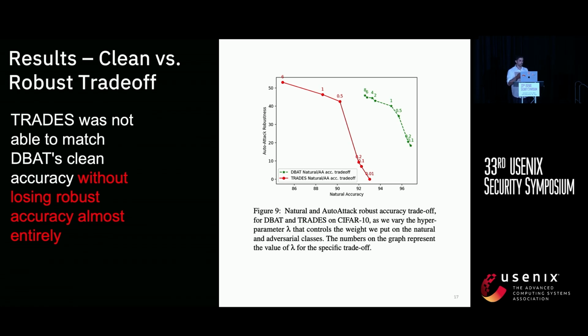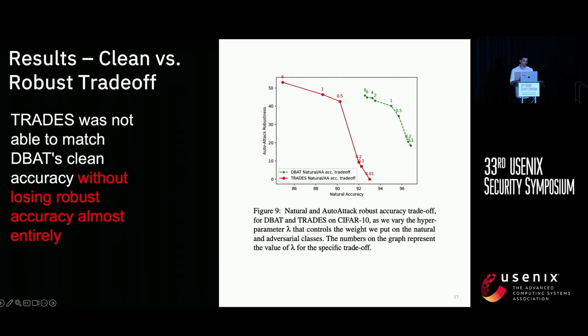Meaning, for example, if another method weighs the loss between the adversarial and clean losses, can it reach the natural accuracy that we reach with significant robust accuracy? The most suitable method for this is TRADES, because TRADES basically does this. They weigh the loss between the natural and adversarial examples. On the x-axis, you can see the natural accuracy, and on the y-axis, you can see the robust accuracy.